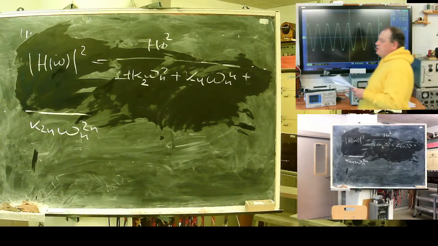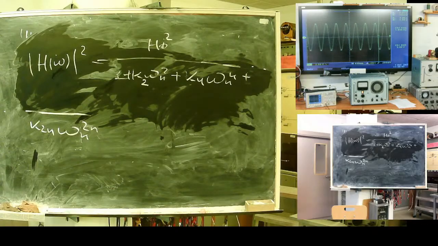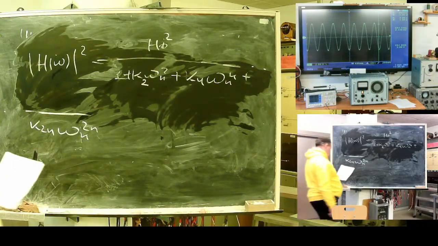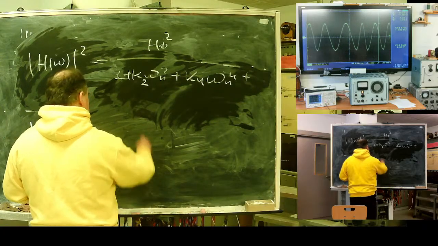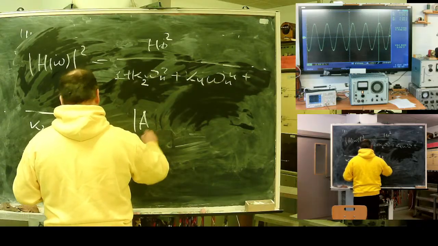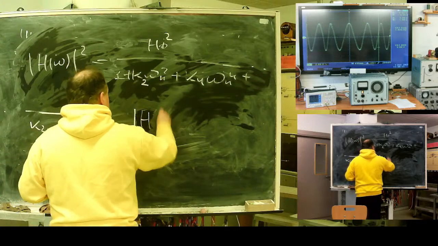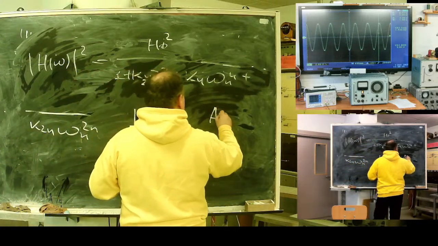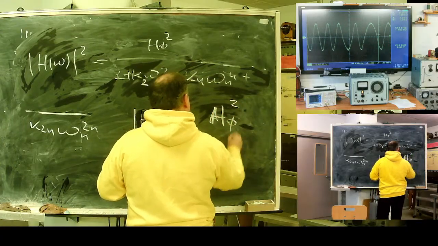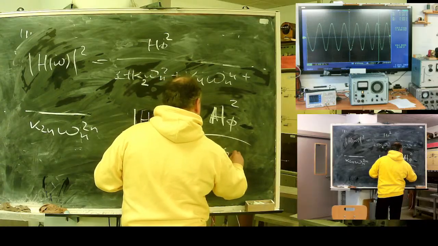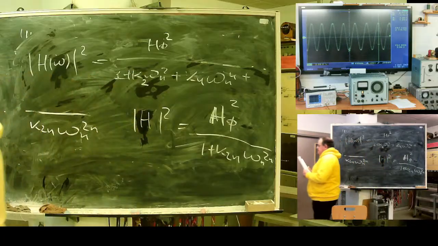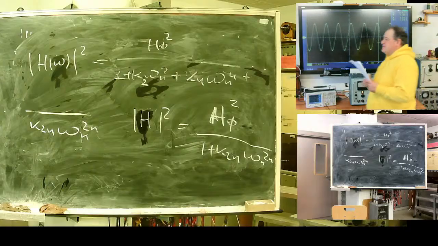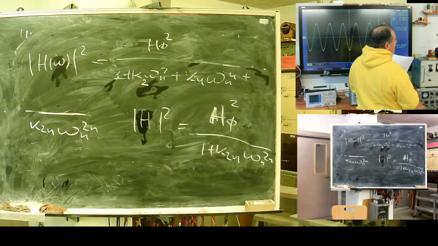Butterworth design uses only odd terms. The squared magnitude can be approximately written as H0 squared divided by 1 plus chi n omega n to the power 2n, since higher frequencies take a higher role in the divider.